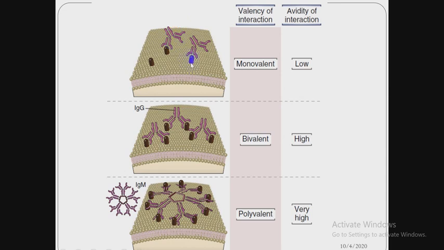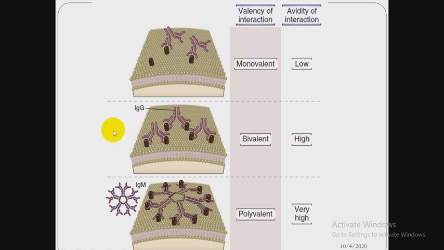Because the epitopes on the surface of the antigen are far from each other, the IgG could not involve both of its arms to interact with two epitopes. So the interaction of IgG and the epitopes of the multivalent antigen is a monovalent interaction, and the avidity of this interaction is low because the epitopes are far from each other.